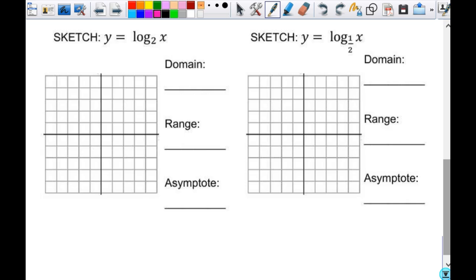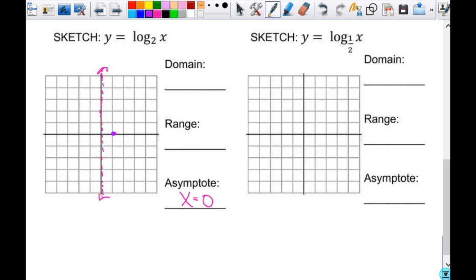Because it's here, it gets reflected, and it becomes this one. So now my asymptote is x equals 0. So that important point that we had, which was at 0, 1, where does that go? 1, 0.